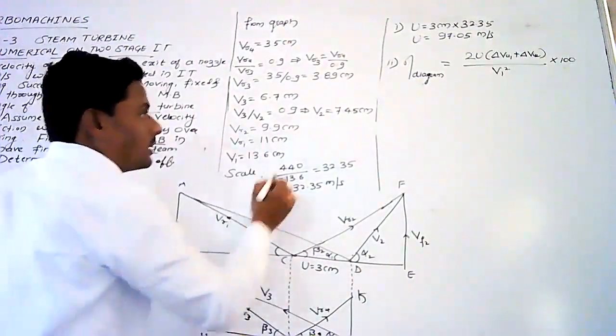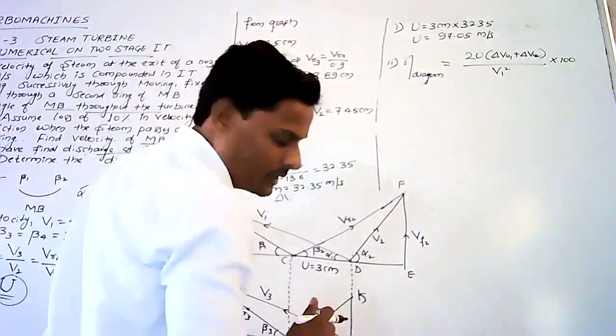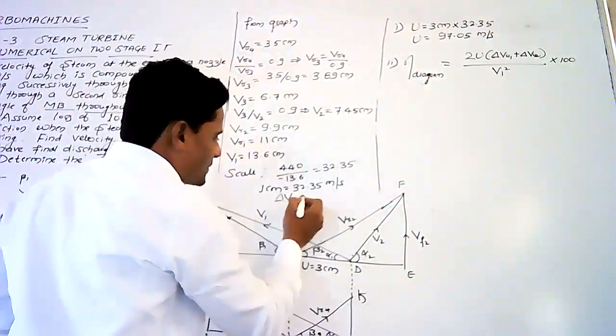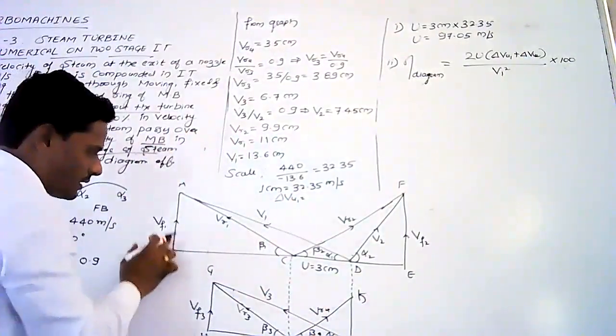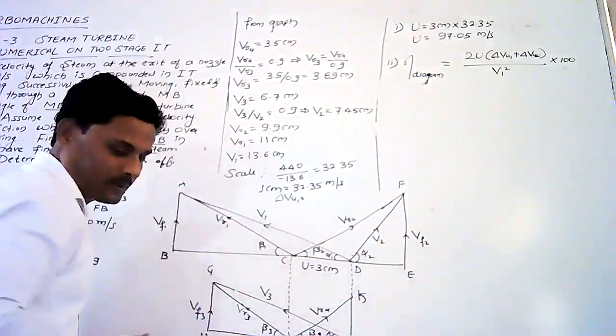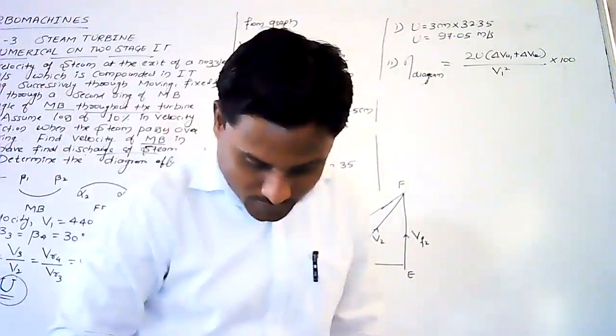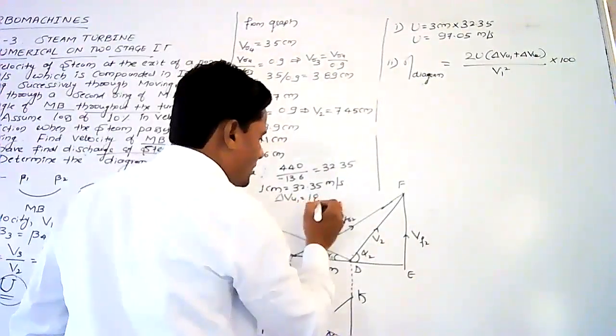Now here, delta VU1 is the total length between VF1 and VF2, that is B to E. From B to E, what is the total length? It is 18 centimeters.